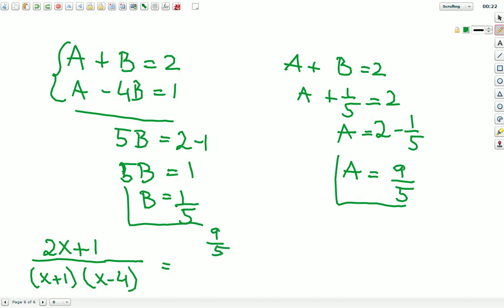So we get 9/5 over x minus 4 plus 1/5 over x plus 1. So we have found two numbers, a and b, such that the original fraction is equal to the sum of the two fractions 9/5 over x minus 4 plus 1/5 over x plus 1.